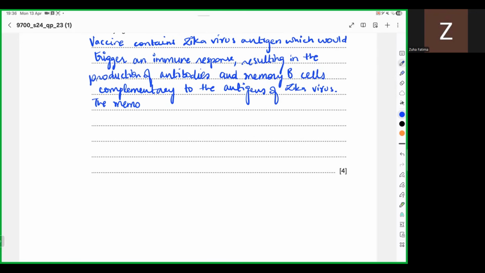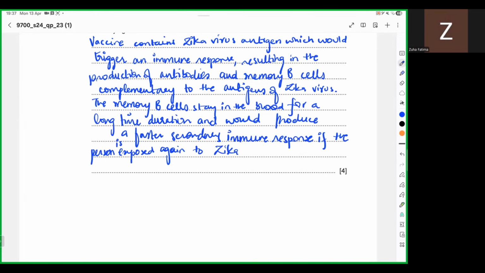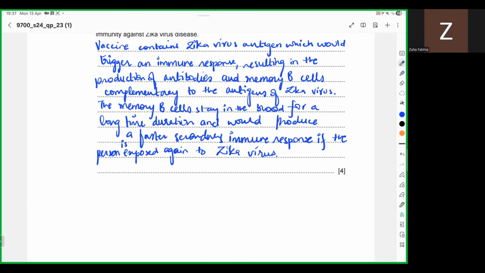The memory B cells stay in the blood for a long time duration and would produce a faster secondary immune response if the person is exposed again to Zika virus.